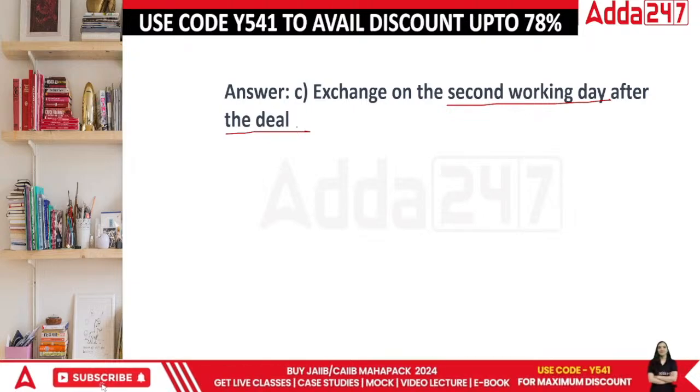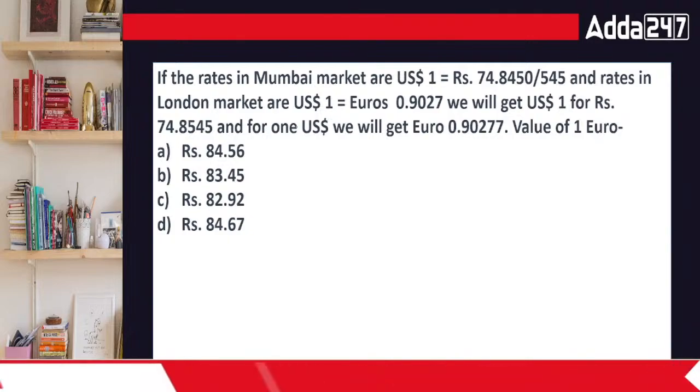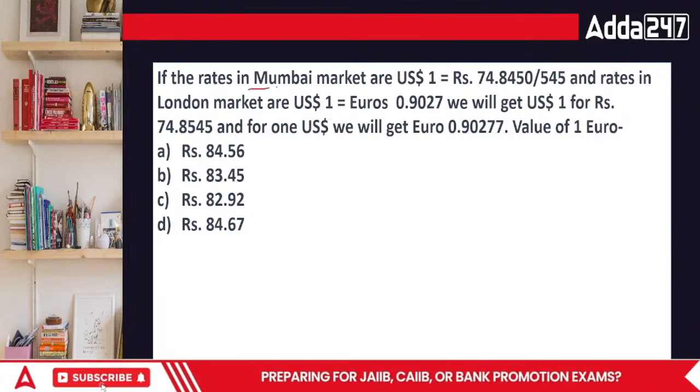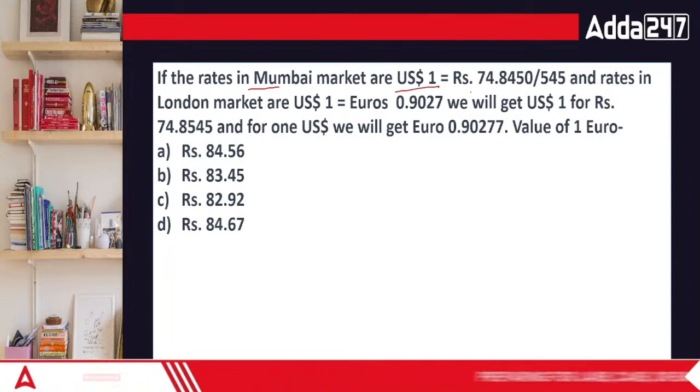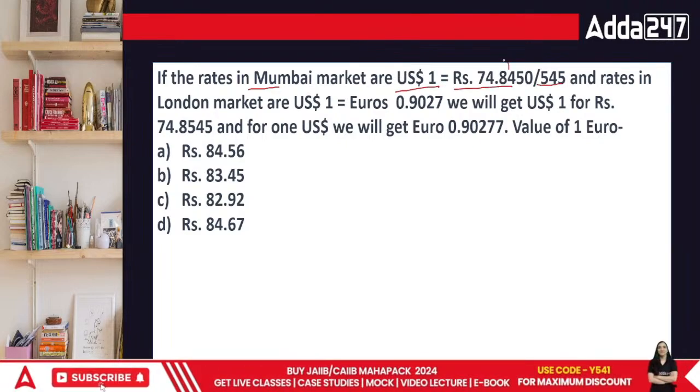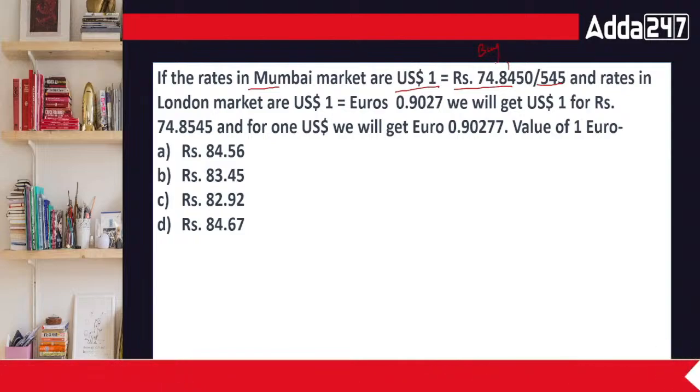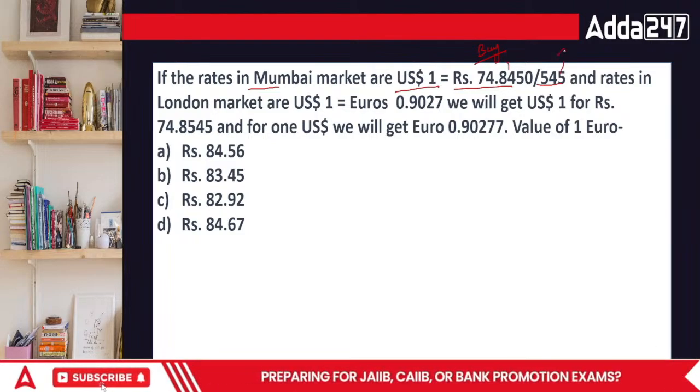Next point is related to the area of cross rates. Here comes a question. If the rates in the Mumbai market are US dollars, this is called the buy and sell rate. You buy low, sell high.